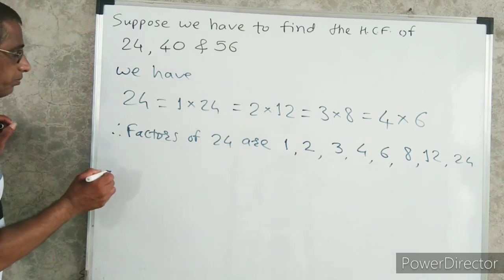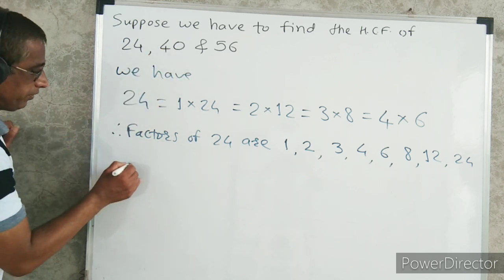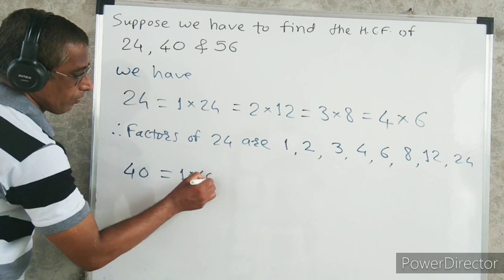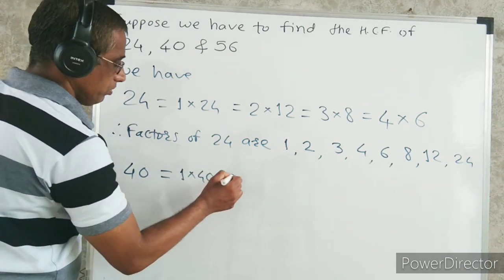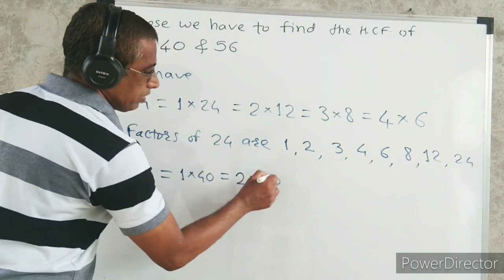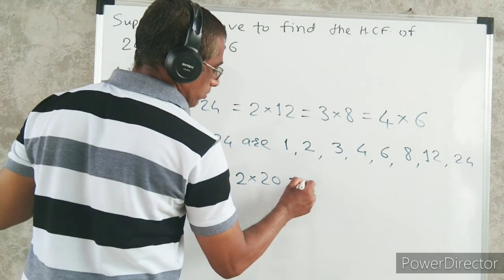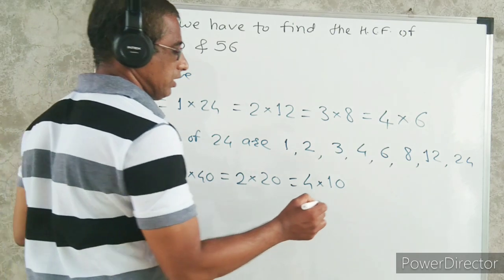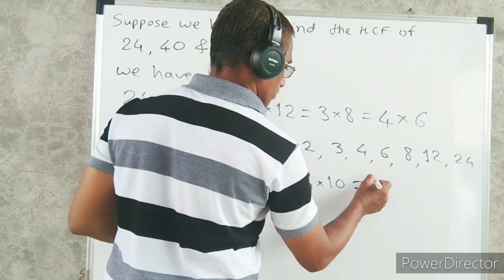Now, second number is 40. 40 is equal to 1 into 40, is equal to 2 into 20, is equal to 4 into 10, is equal to 5 into 8.